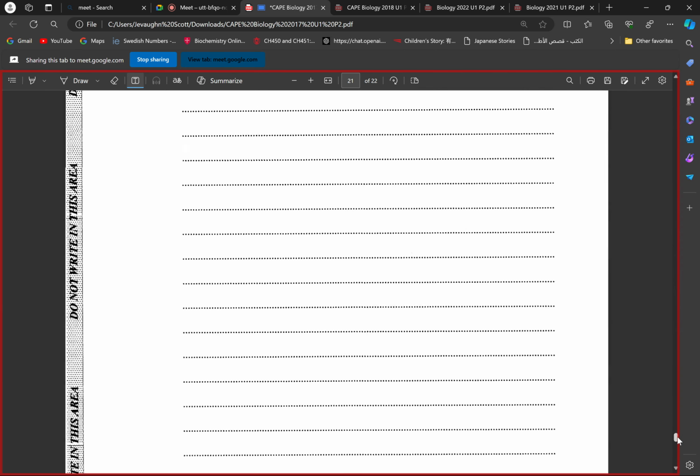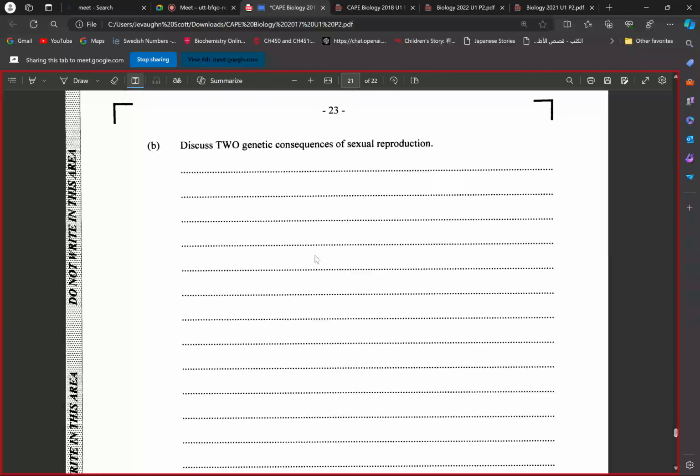And then we're asked to look at two genetic consequences of sexual reproduction. We know that mutations are more prevalent.